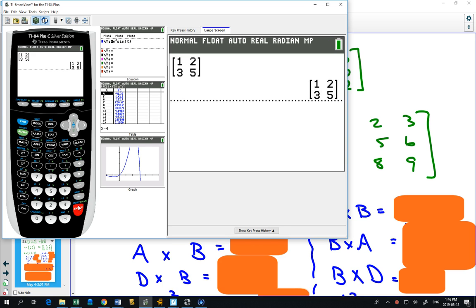That lets you type in a matrix, but if you want to call that matrix A, you might run into problems because you might say, oh, I'd like to store this as A, but it didn't work.